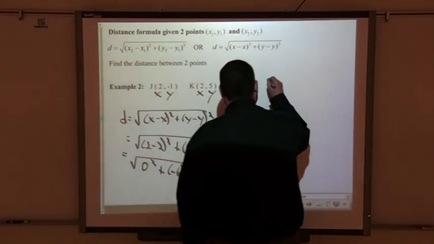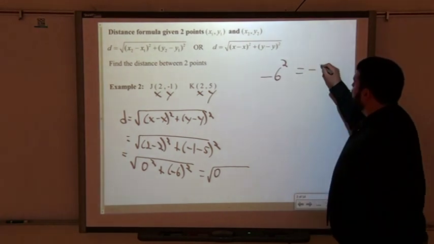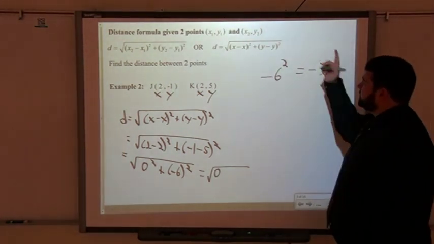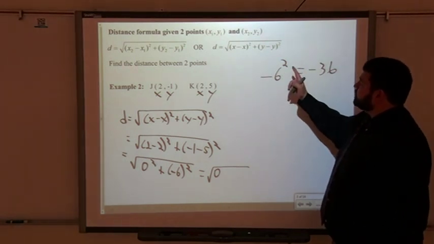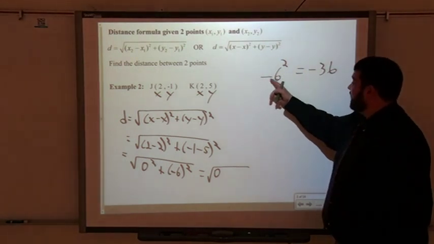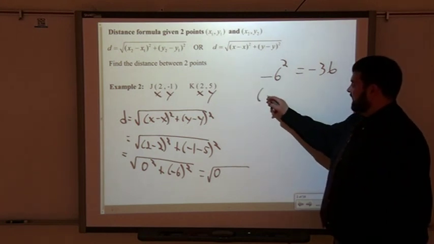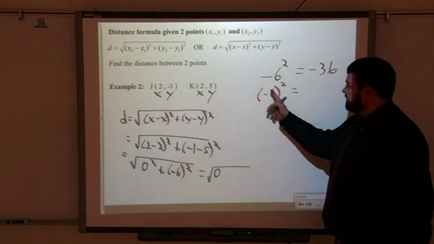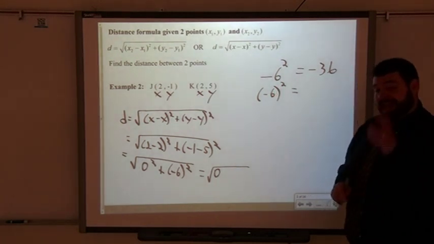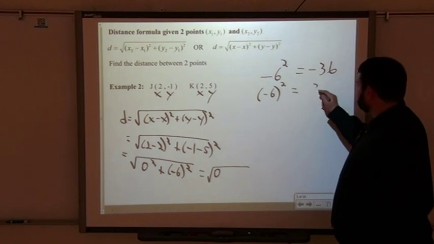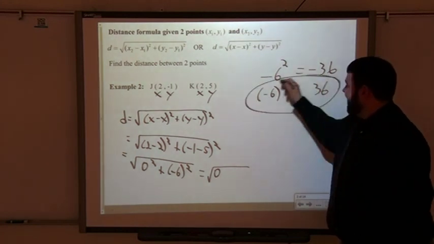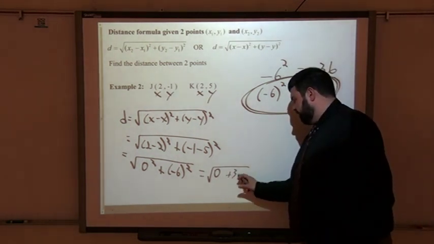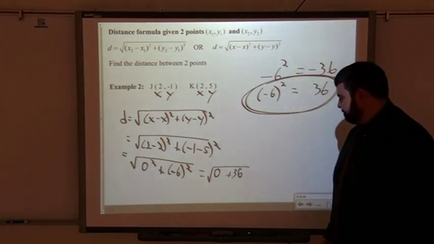Because if you put this into your calculator without them, it's going to spit out negative 36. Because you're telling the calculator to do 6 times 6, which is 36, and then make your answer negative. If you put the parentheses, then you're telling your calculator to do negative 6 times negative 6. And a negative times a negative is always a positive. And that's the one that we want. So negative 6 squared is going to give me a positive 36.